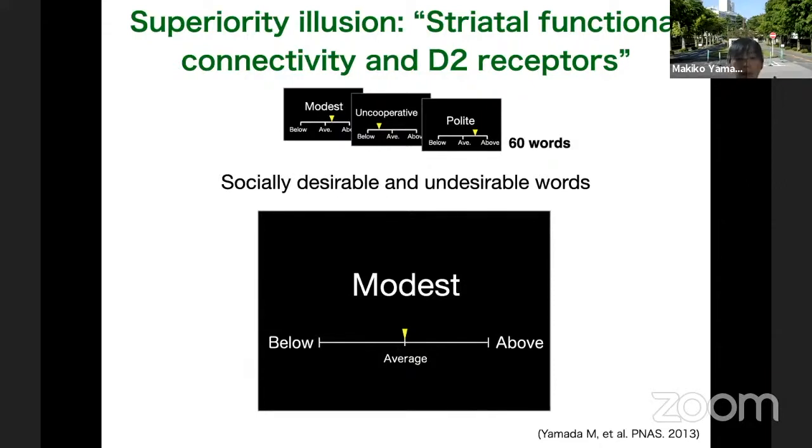We present each word on screen, and we ask subjects to rate how much above or how much below average they are, like this. And we calculate the distance from the average, like this.